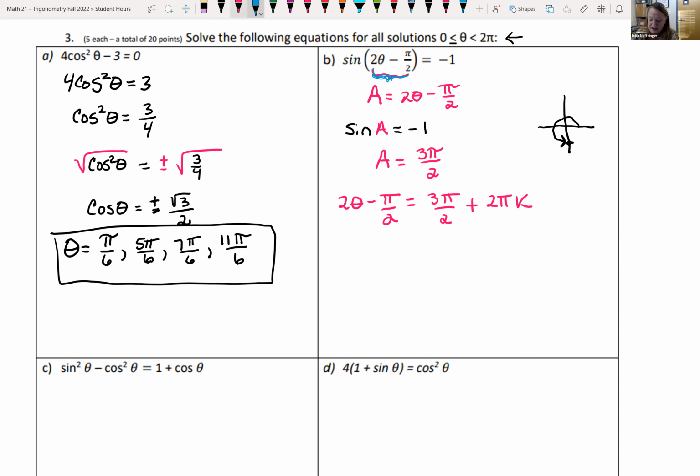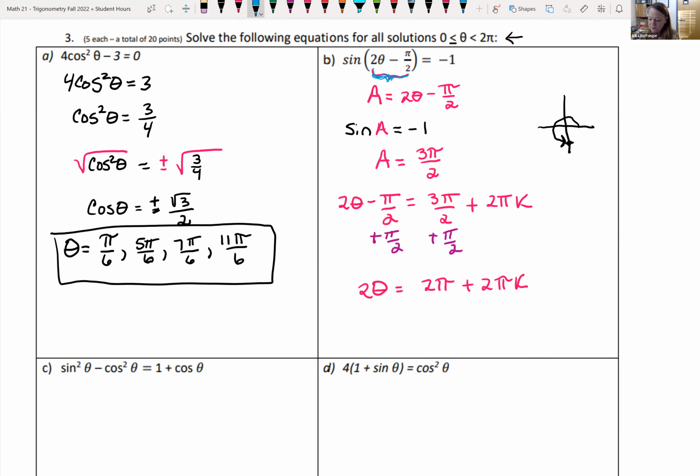So solving for theta here, we would add plus pi/2 to both sides of our equation. And we get 2 theta is equal to 3pi/2 plus pi/2 is 4pi/2. And 4pi/2 is just 2pi plus 2pi k.